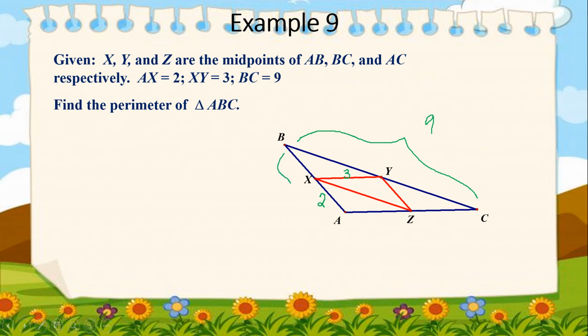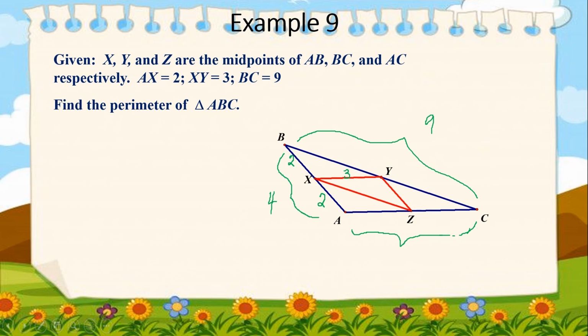So what is the length of side AB? Since X is the midpoint of side AB, we can say that AX is congruent to BX. So if AX is 2, BX is also 2. Therefore, side AB is equal to 4. Now, what is the length of side AC?